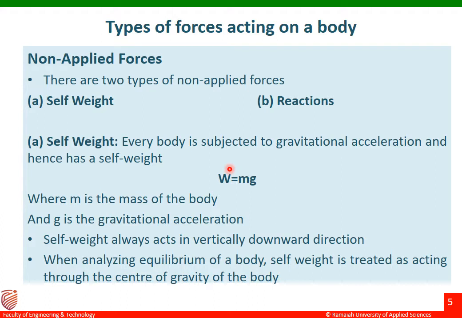So this self-weight is calculated using the formula W equal to mg. W is the self-weight of the body, m is the mass of the body, and g is the gravitational acceleration. Self-weight always acts in vertical downward direction. I'll repeat it once again. Self-weight always acts vertically downward.